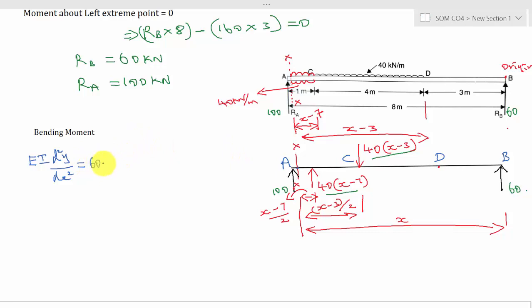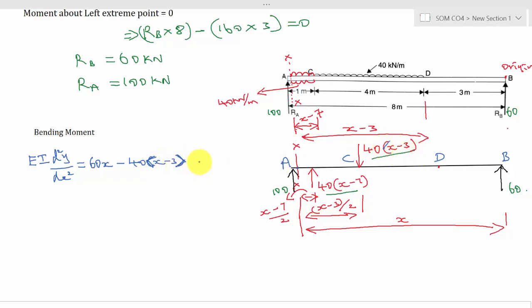So it is 60 into the distance x, and minus this 40 into (x minus 3) is acting in the clockwise direction, that is why I have considered negative. So it is 40 into (x minus 3), this is actually the load, and this is actually the Macaulay's bracket.